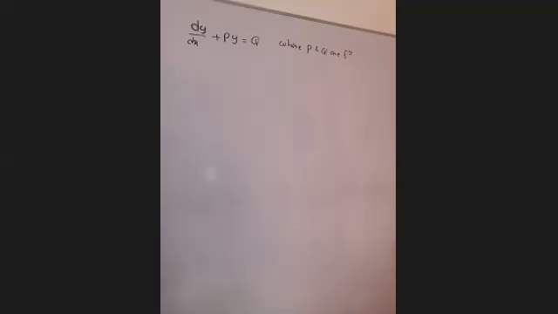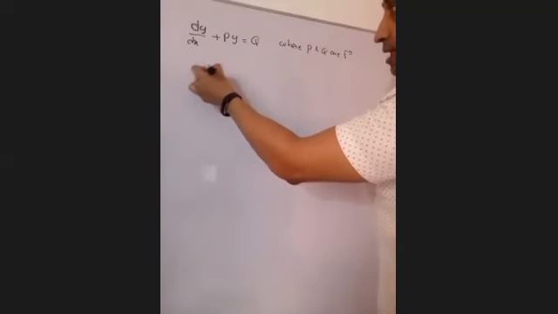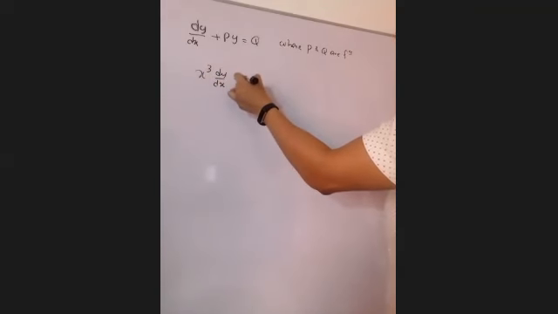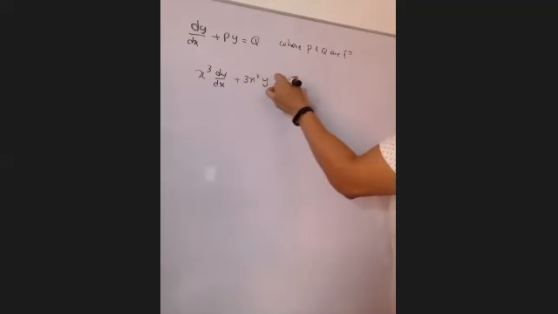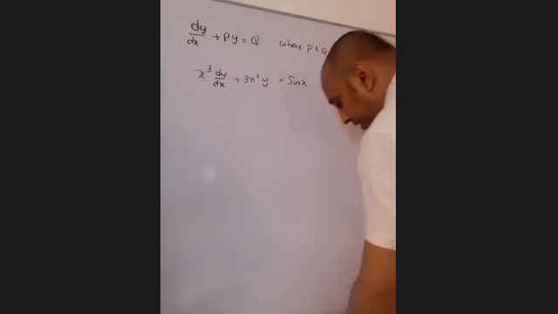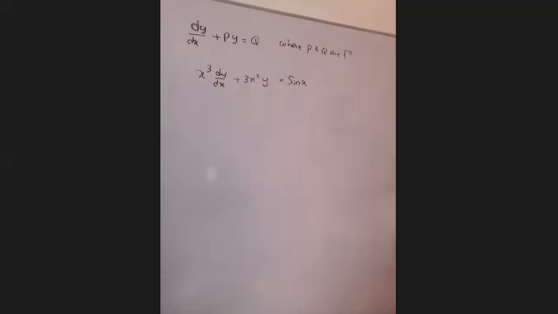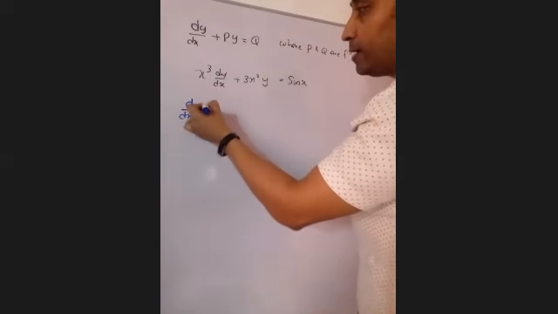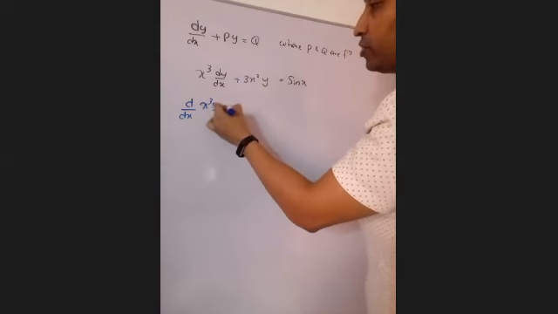Let's come up with one example and try to understand how it comes to this. Look at this: x cubed dy by dx plus 3x squared y equals sine x. We use one supporting approach for this question. For example, if you differentiate x cubed y, what would the answer be?